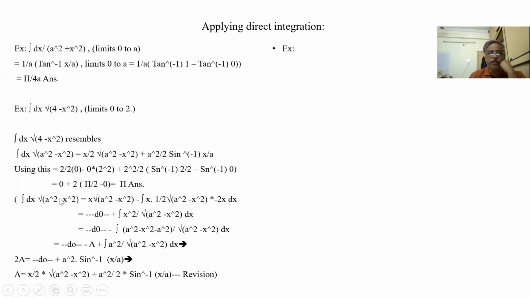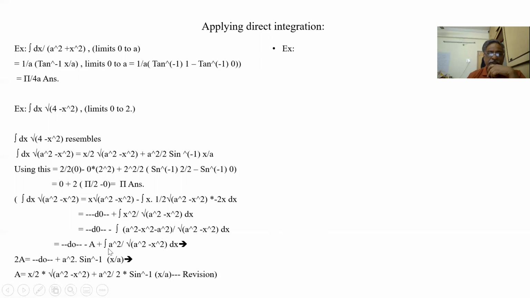Here I have derived this formula. See here, x root of a square minus x square minus integral x. I have to differentiate it: 1 by 2 root a square minus x square into minus 2x. So minus into minus becomes plus, because in a square minus x square there is a minus here. So this is plus x square by root of a square minus x square. Here I can write x square as a square minus x square minus a square.